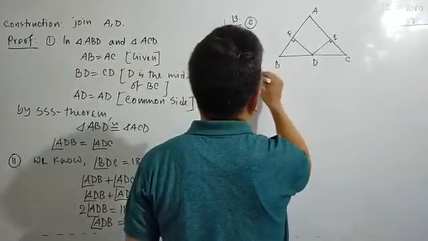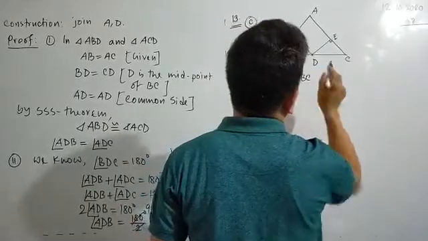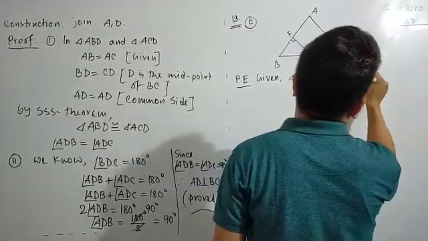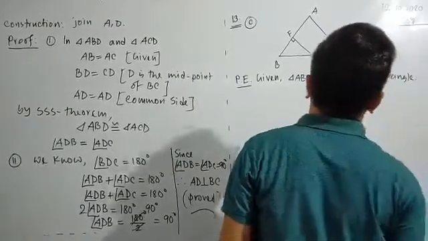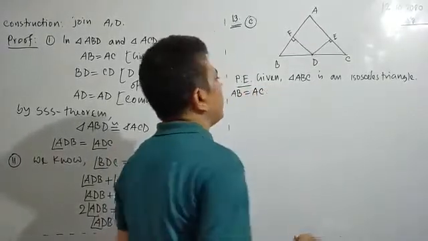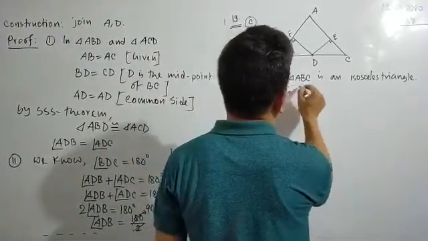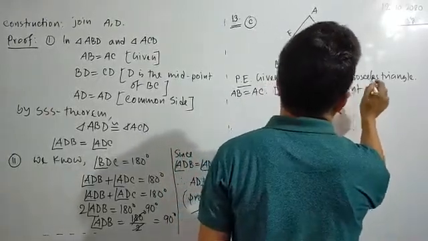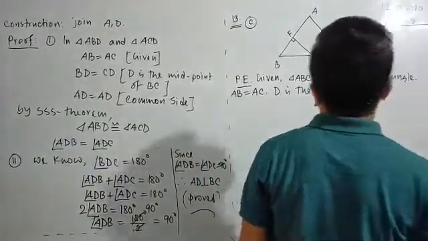Okay, particular enunciation. Given, ABC is an isosceles triangle, AB equals AC, and D is the midpoint of BC.